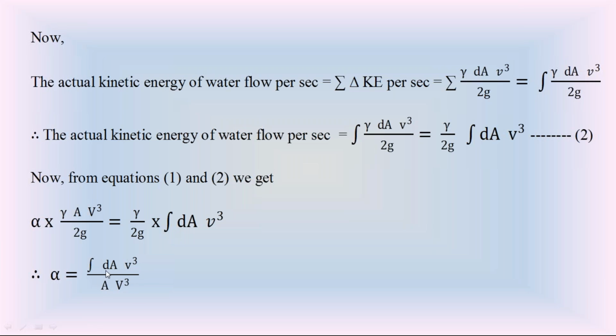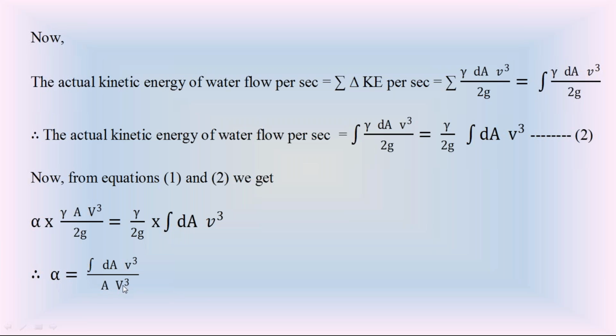In this equation, dA is the area of one water layer, and small v is the velocity of water flow in that water layer. In the denominator, capital A is the total wetted area of water flow, and capital V is the mean velocity of water flow in the open channel. So this is the equation for the kinetic energy correction factor alpha in open channel water flow.